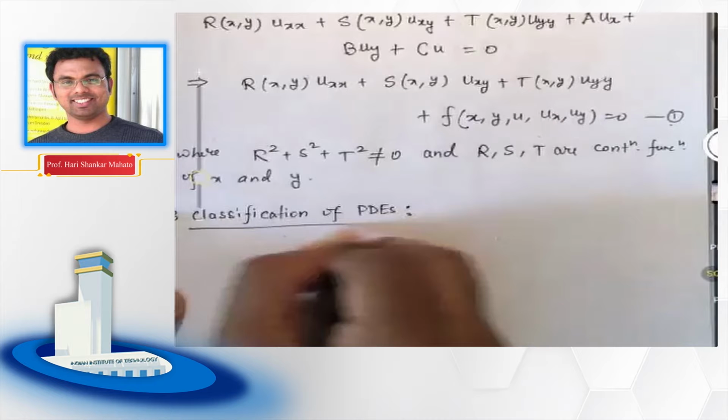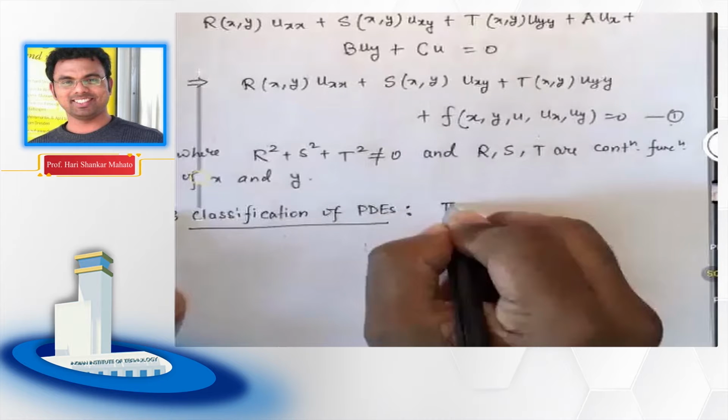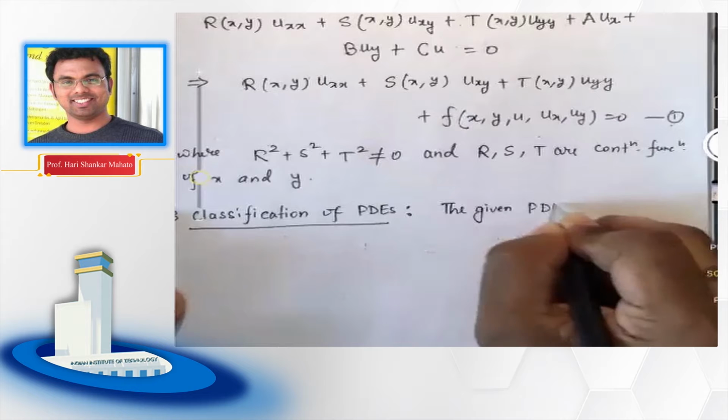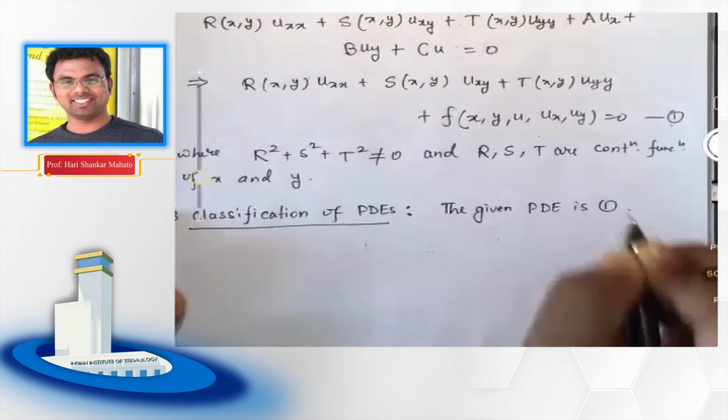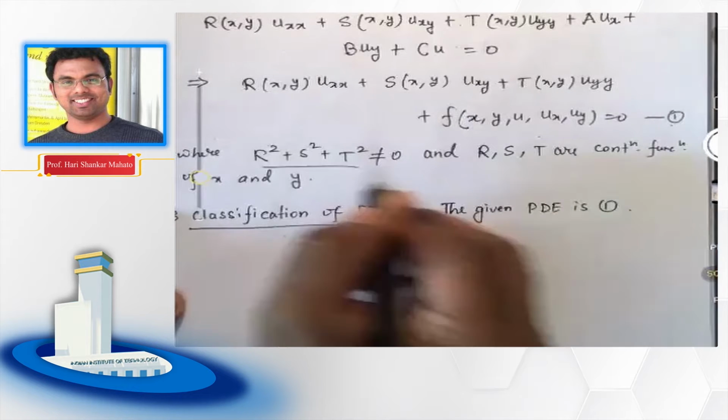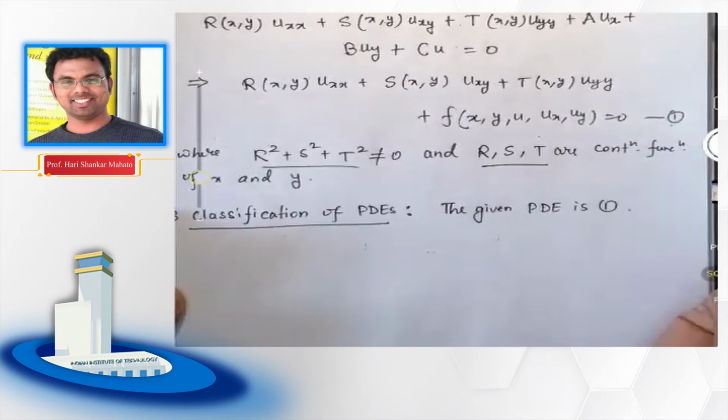Let's say the given PDE is equation 1, and of course both conditions hold true.